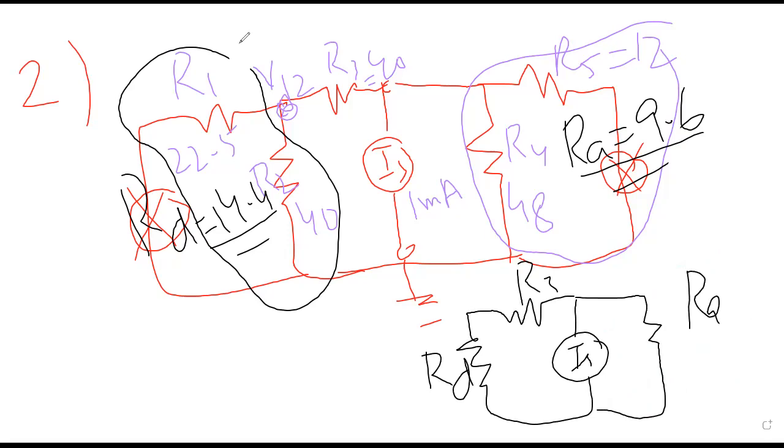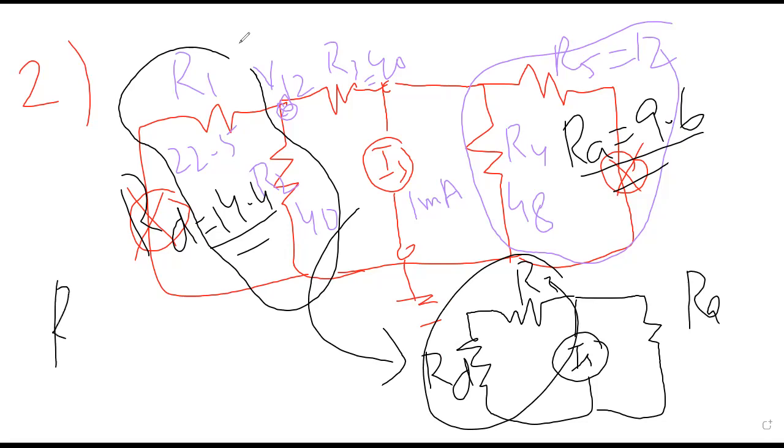This circuit is simplified in this form. Now there is also RE. R3 and RD are not in parallel, they are in series.